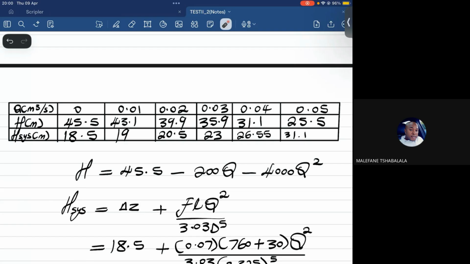Along the y-axis we'll have 0, then 10, 20, 30, 40, up until, let's say, the maximum number along the y-axis being 50, because here we've got 45.5. Our minimum number will be 0, and our maximum number will be 50 meters.